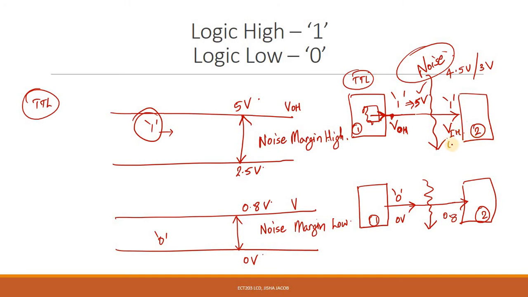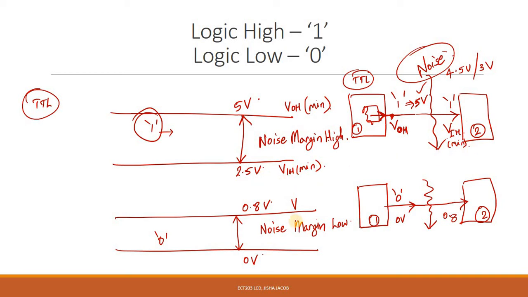And VIH minimum is 2.5 volts. At the output, VOH is the minimum. That means you are expecting full 5 volts. So you will not compromise. So VOH minimum. And at the input of the second circuit, you have VIH minimum, and that is equal to 2.5 volts.